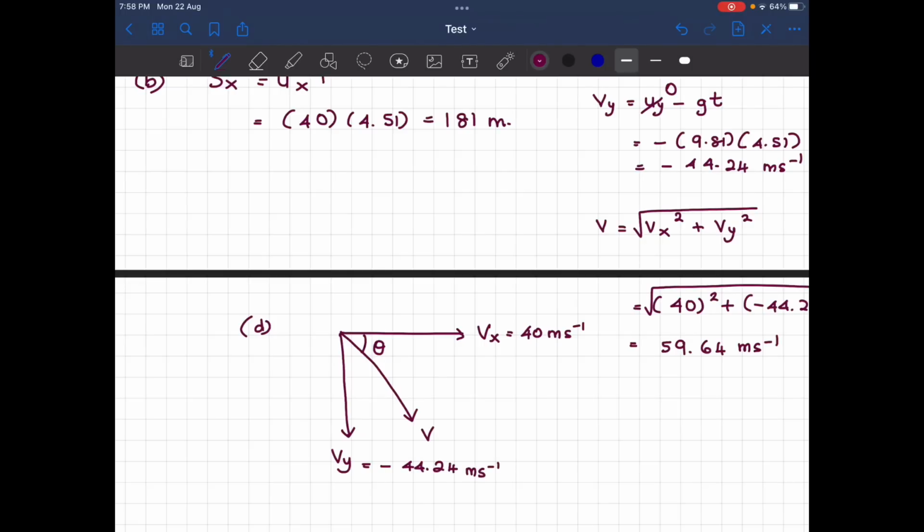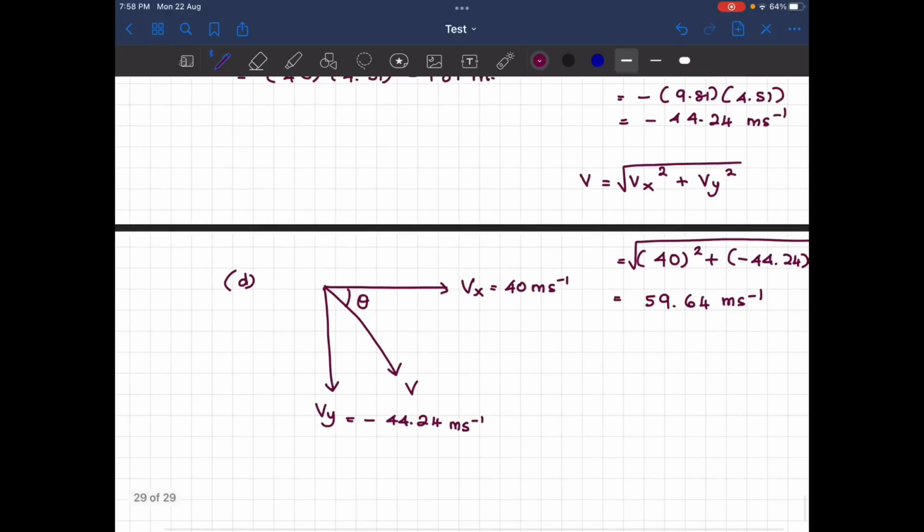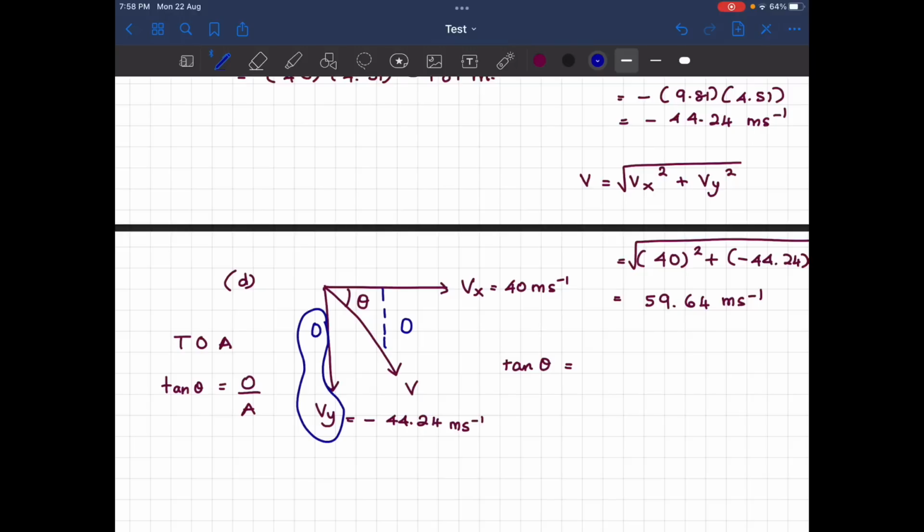So in order to find the angle, I am going to use tangent theta. Remember tangent theta is TOA. TOA means tangent theta is opposite over adjacent. So in our case, this is our opposite, so our opposite is Vy, and our adjacent is here, so our adjacent is our Vx. Make sure you put modulus so that our angle is always positive.